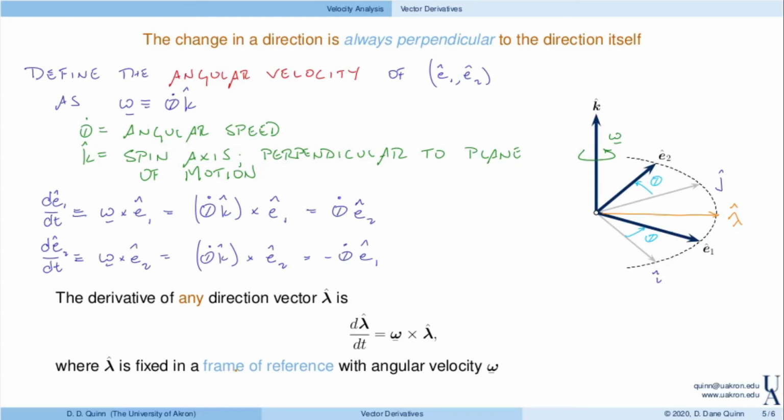So the frame of reference here would be E1, E2, K that's spinning with angular velocity omega. And in that spinning frame, lambda is spinning along with it. So this tells us really how to calculate the derivative of direction vectors.